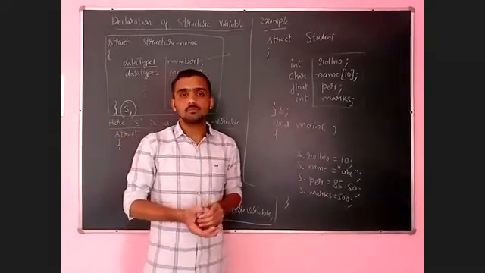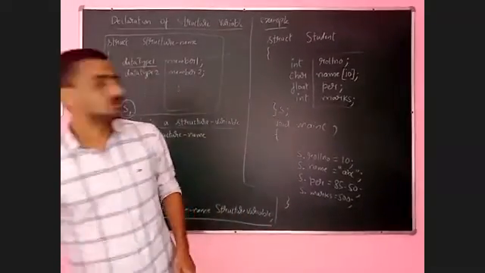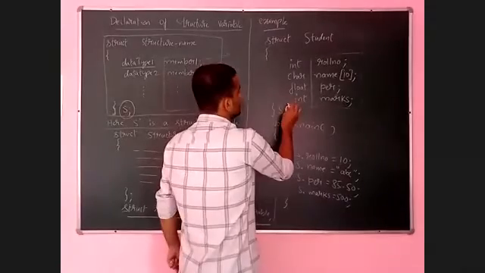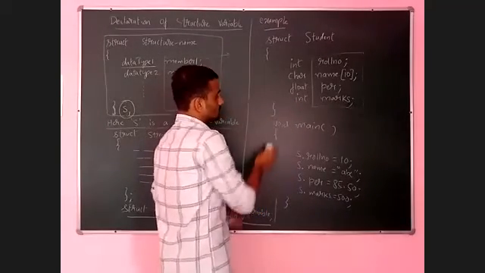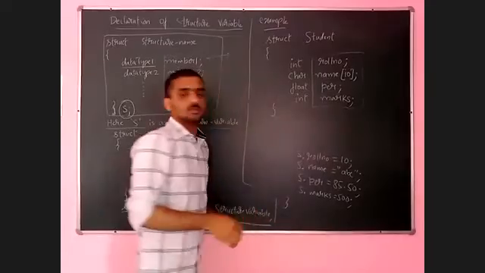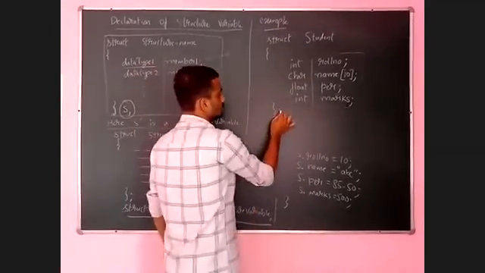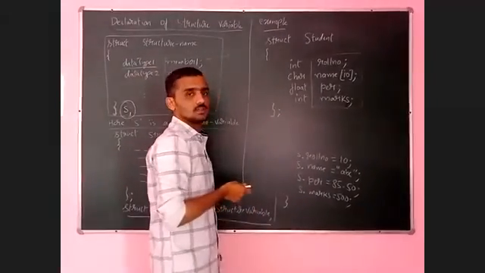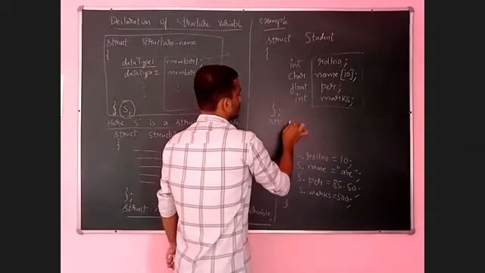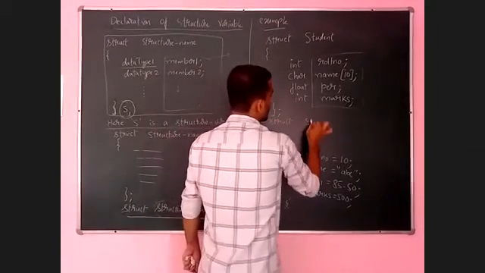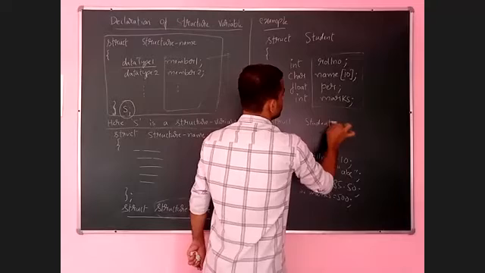Now we will see the other two methods. Instead of writing the structure variable here, in the next line, I put the semicolon. This is the end of the structure declaration. In the next line, I write struct student yes.